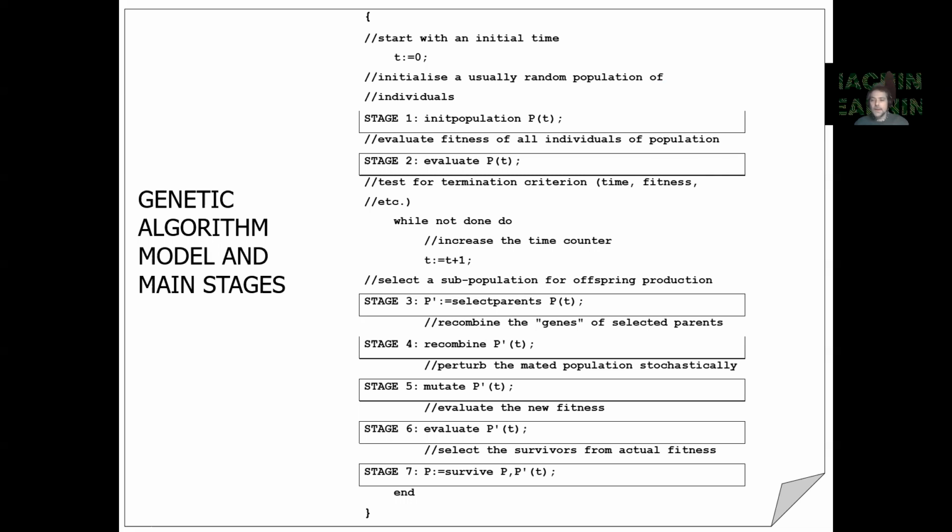So individuals from your intermediate population P and P star, which is the new population, are compared, and the ones that survive move to the next generation.